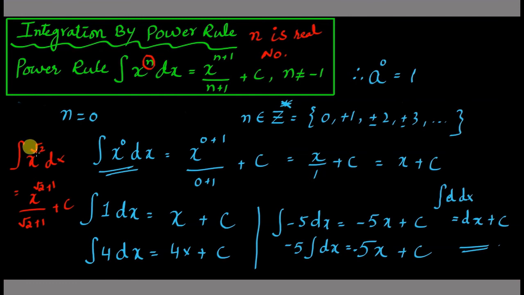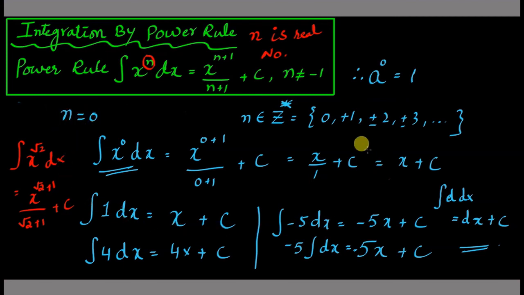Square root 2 is an irrational number, so this formula is applicable for rational numbers, irrational numbers, all positive integers and all negative integers excluding -1, and also for n equal to 0.